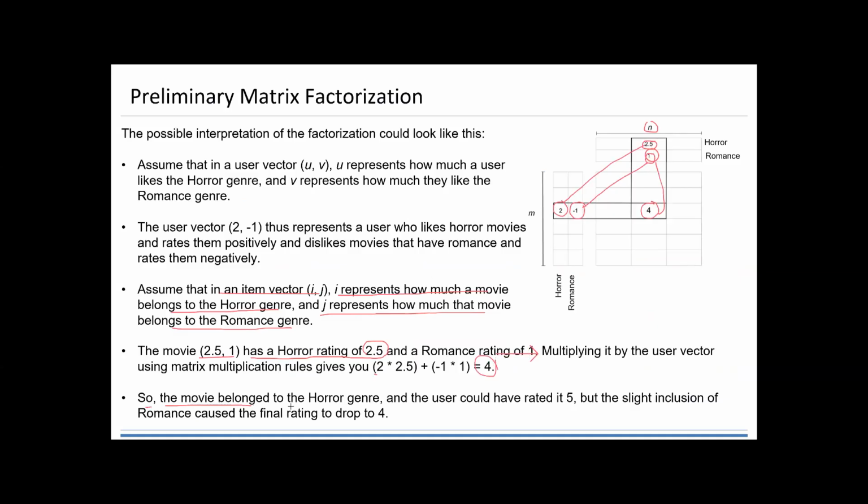So the movie belongs to the horror genre and the user could have rated it 5. But the slight inclusion of romance caused the final rating to drop to 4. Because of the horror genre the result is 5, but because this movie still has another genre, romance, then because of this minus, the rating becomes 4.